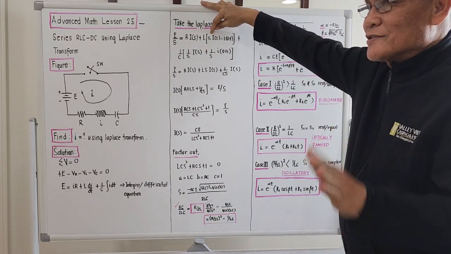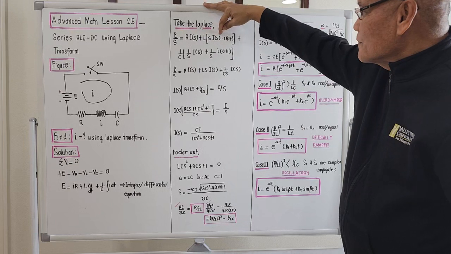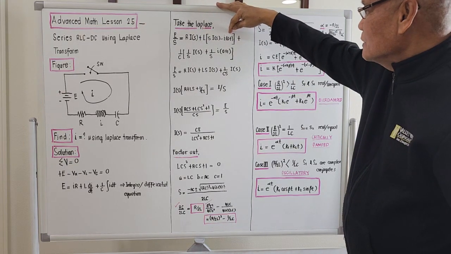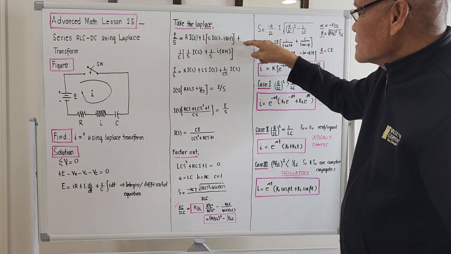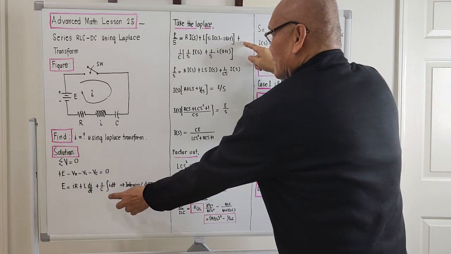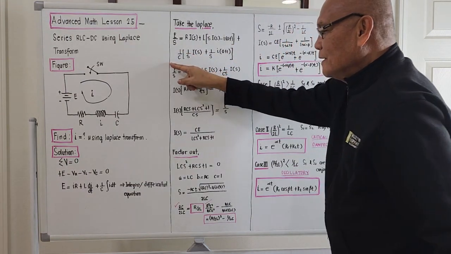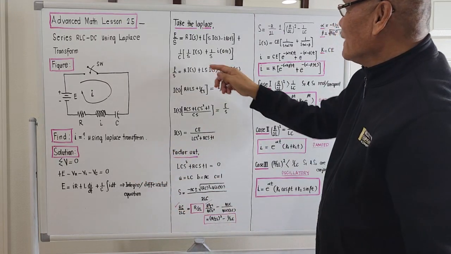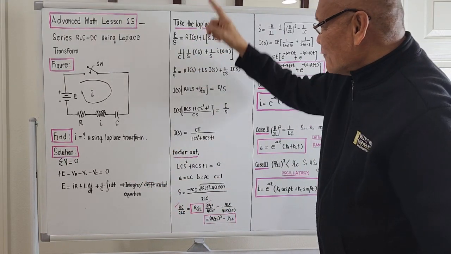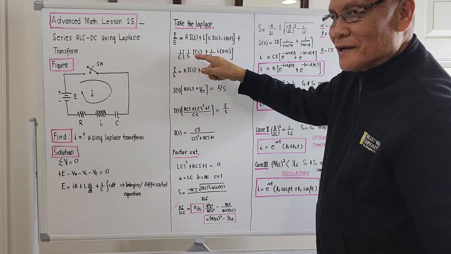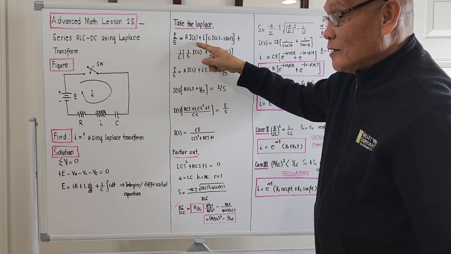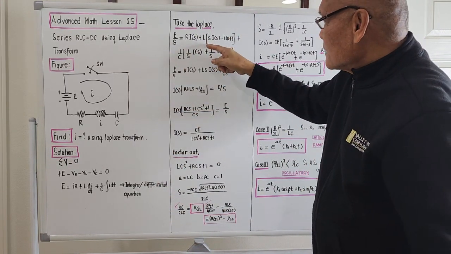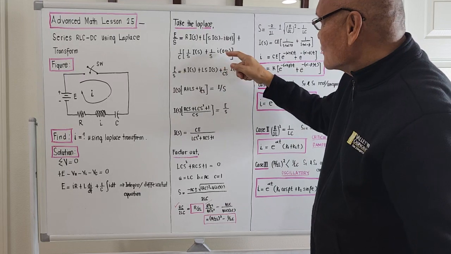The variable for the meantime is current, so it should be capital letter I as a function of S, minus small i sub 0 plus, the initial condition, close bracket, plus, I am following this, right? 1 over C, the Laplace transform of any integral term will be 1 over S, the variable is current, so this should be capital letter I as a function of S. We have passed by this situation from the previous examples, right? Plus 1 over S, i sub 0 plus.